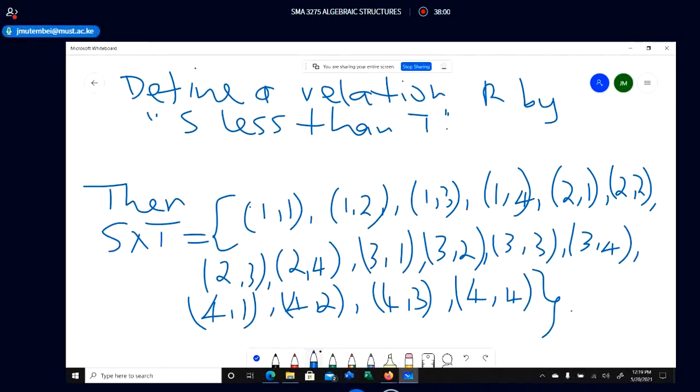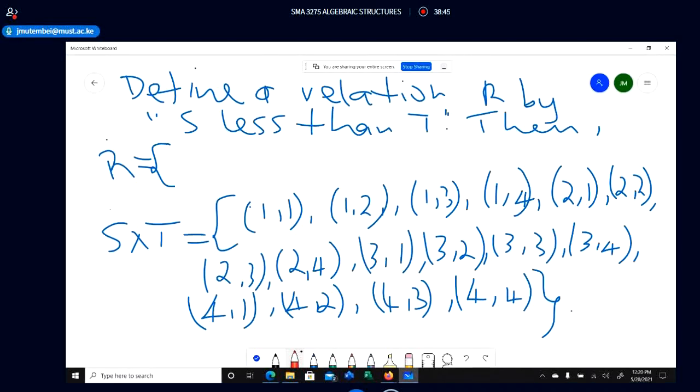Then my relation R will comprise of these ordered pairs, where the element from S is less than that from T. I'll take all those pairs from S cross T that satisfy the first element is less than the second element.